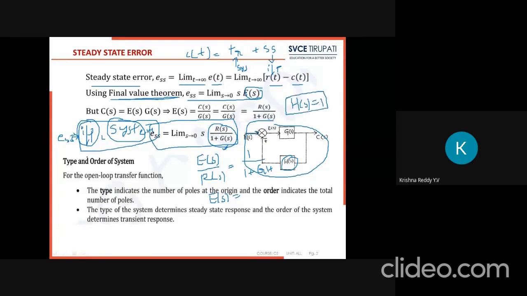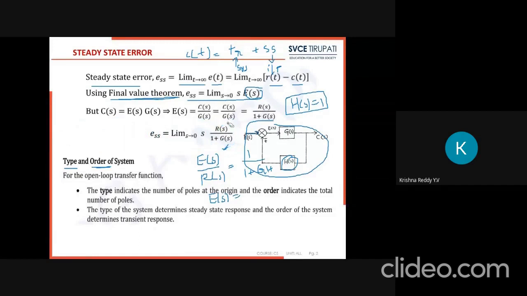It depends upon its input and what type of system we are having. We already know what the type and the order of the system are. Can anyone define what is the type of the system?